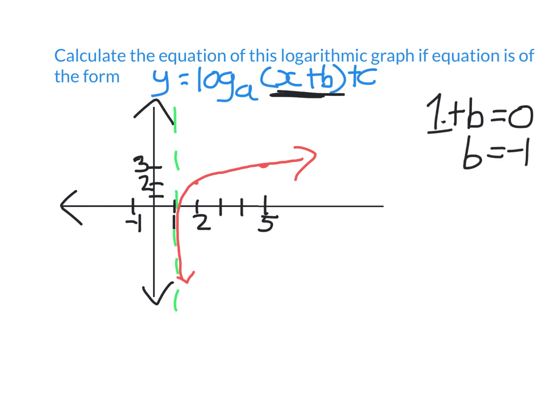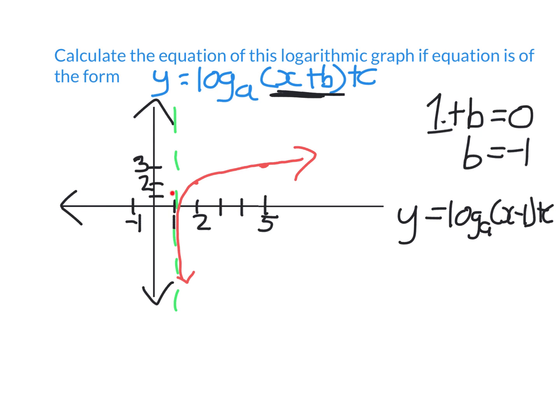So we found b. Let's update our equation. It's going to be log base a of (x minus 1) plus c. Now we just need to find a and c. So we can use a similar trick to find c that we used when we were finding the equation of an exponential graph.